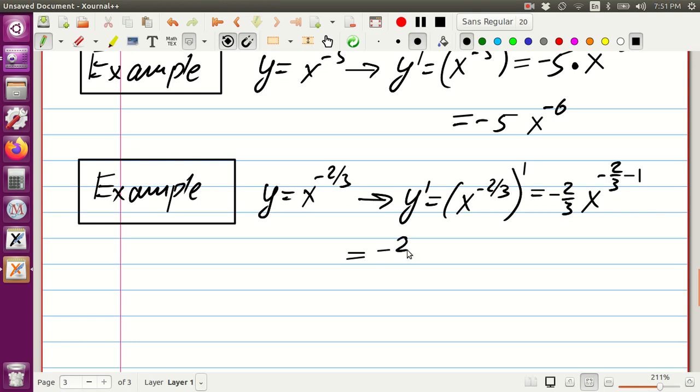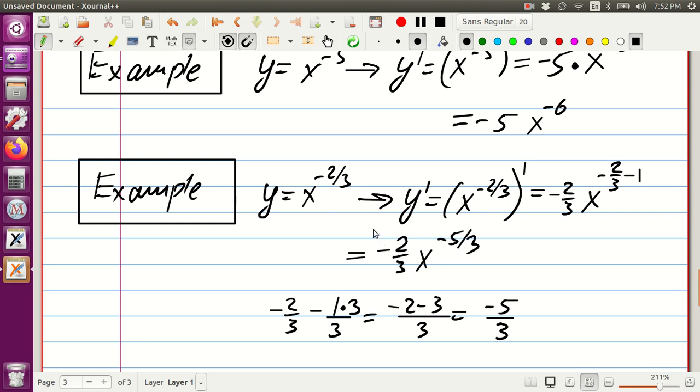So we have to take negative 2/3 and subtract 1. So we're going to write 3 and 3 in both places. So it's negative 2 minus 3 over 3, which is negative 5 over 3. And that's our final answer for this exercise.